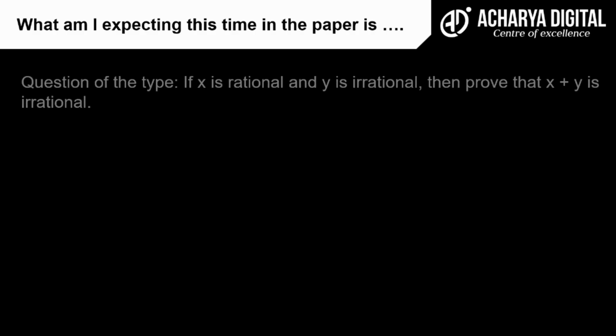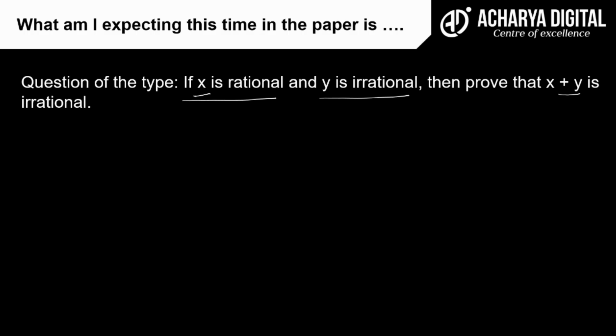Now, what I am expecting this time in the paper is that instead of numbers, alphabets can also be given, like X and Y. So if X is a rational number and Y is an irrational number, then prove that X plus Y is irrational. So the same procedure you have to follow.